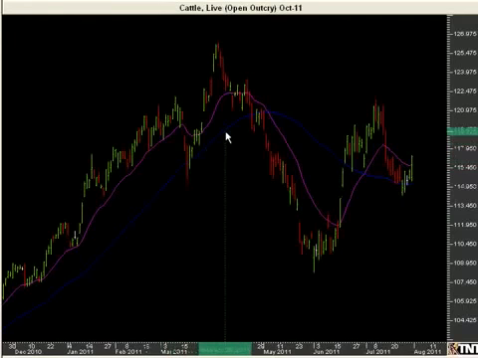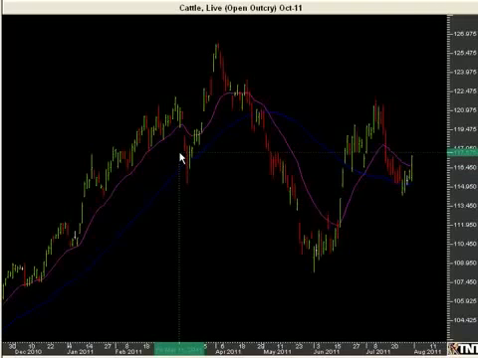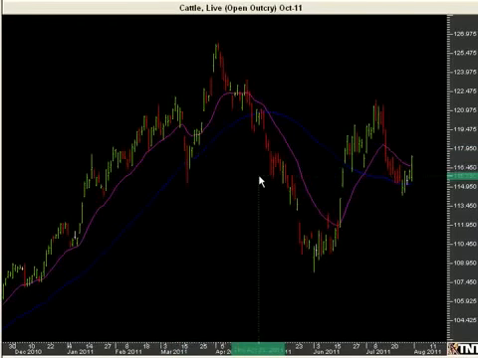Now, as a rule of thumb, if the market is above the 55, then we're primarily looking for buying opportunities. And if it is below the 55, then we are primarily looking for selling opportunities. When we are above the market, we want to buy support. And when we are below the market, we want to sell resistance.